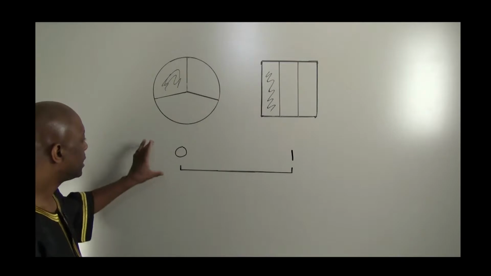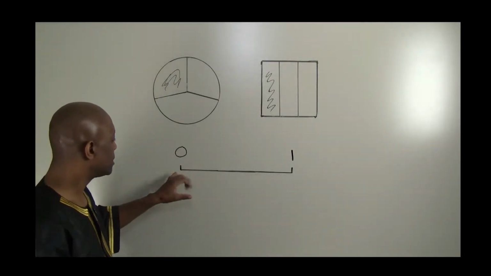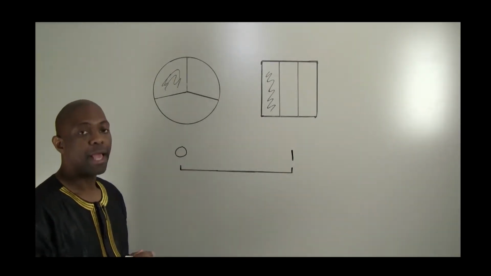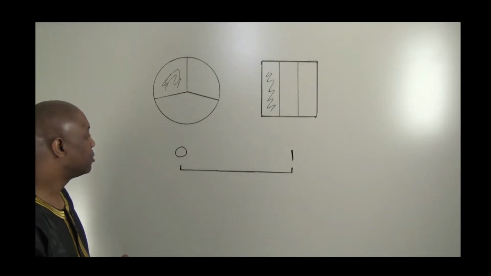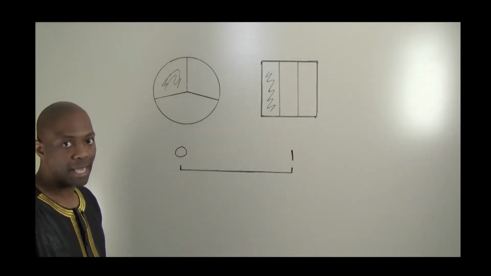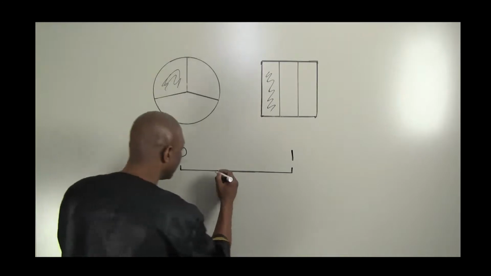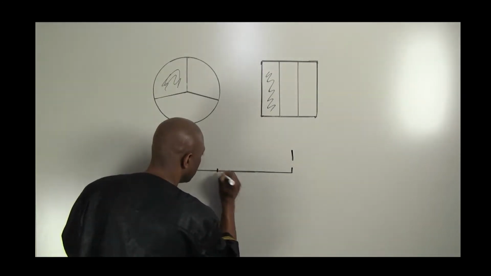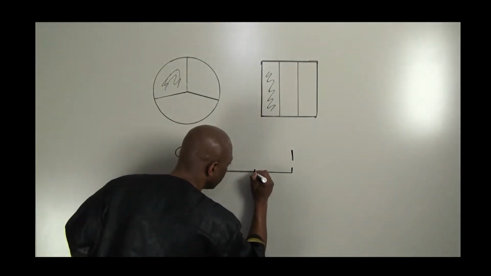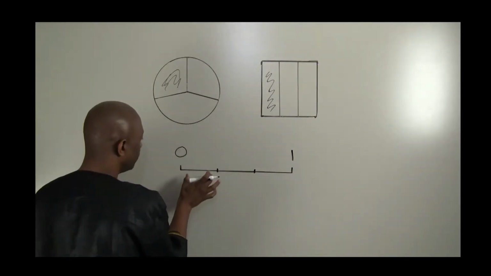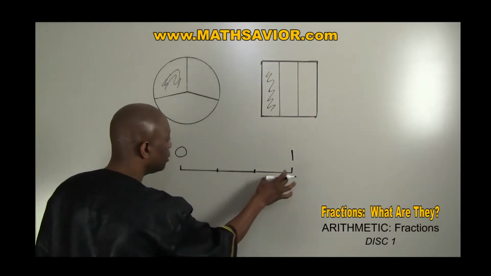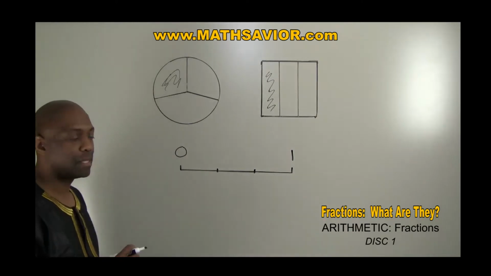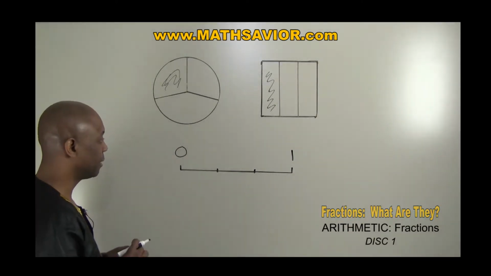Now, if we take this unit segment and divide it into 3 equal segments, like this, we have 1, 2, 3 equal segments that are the same length.